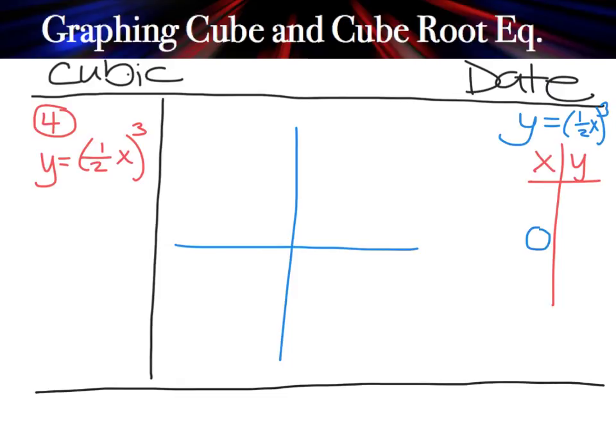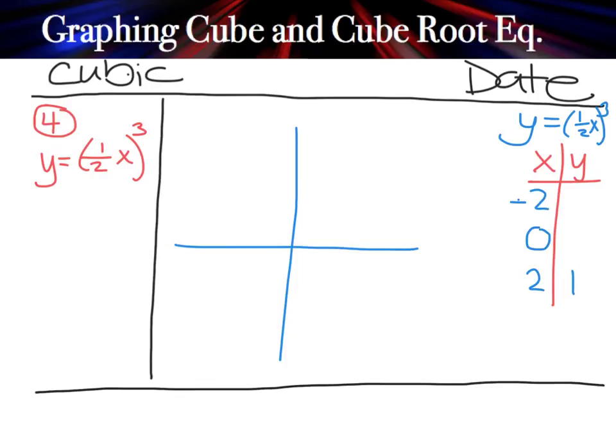See, in the last problem we didn't do that. Okay? It was a little bit different. So if you pick 1, then you're going to get 1/2. I don't want 1/2. But if I pick 2, 2 divided by 2 is 1, and 1 cubed is 1. That's going to make this graph a whole lot easier.